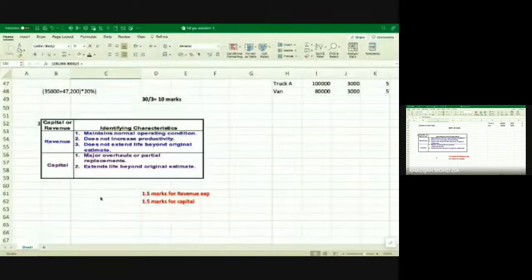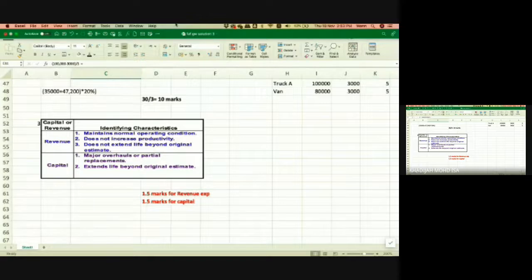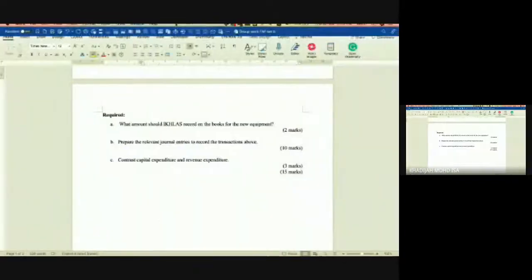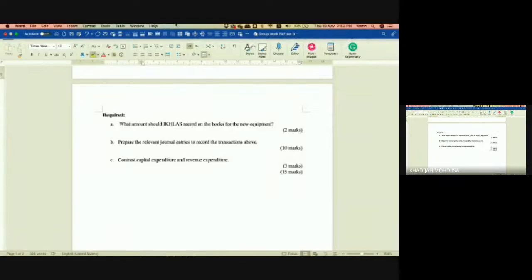So you have 1.5 marks for revenue expenditure and 1.5 marks for capital. When you have this kind of question, do not leave it behind, because normally it's free marks.